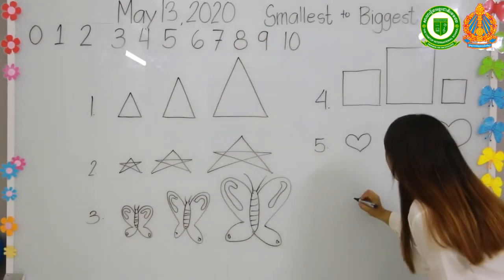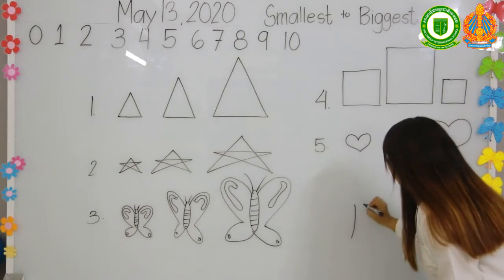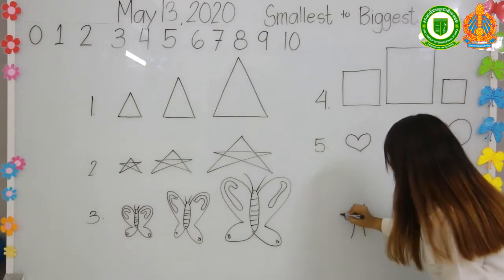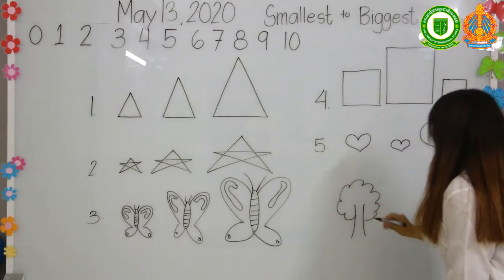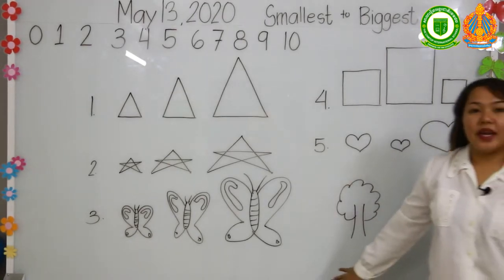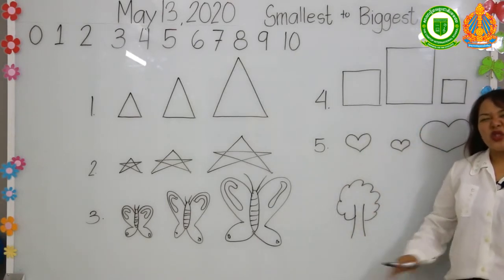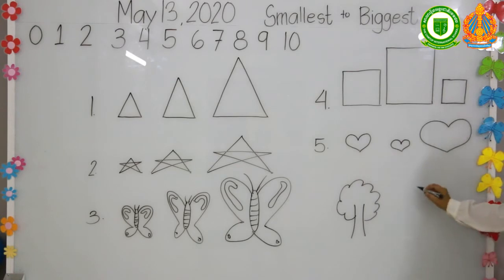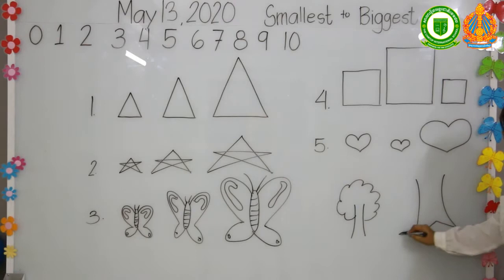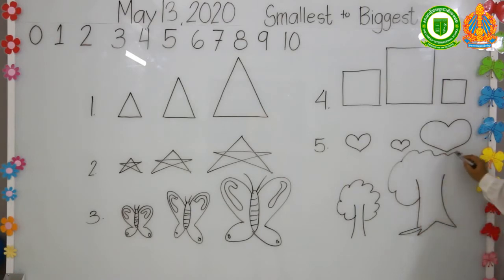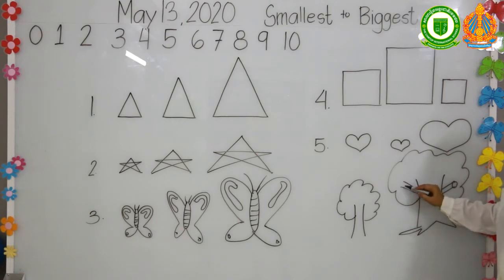For example, this is a tree. This is a small tree, small. And this tree is big.